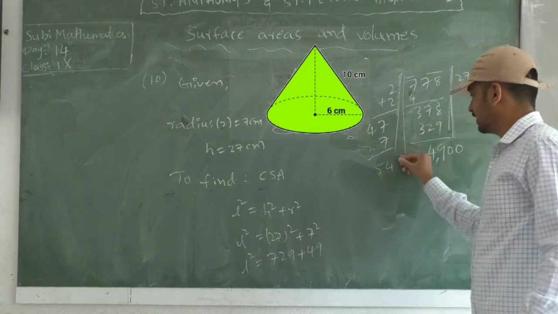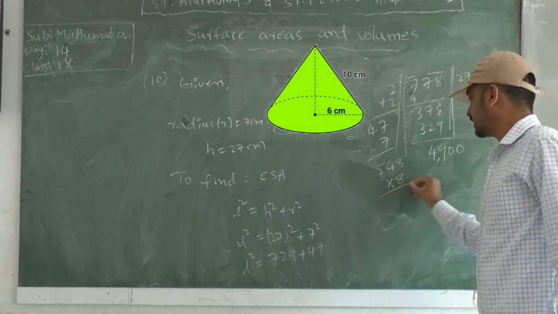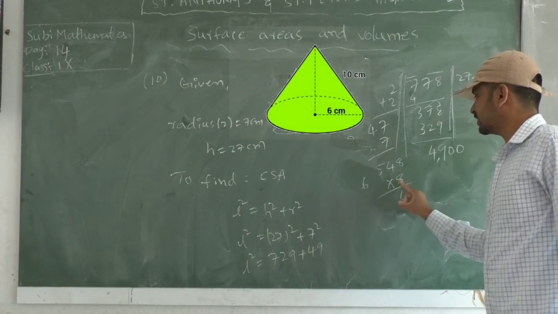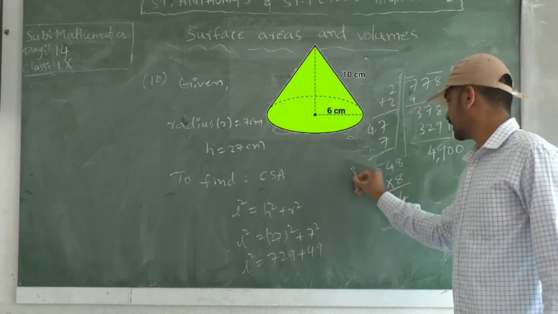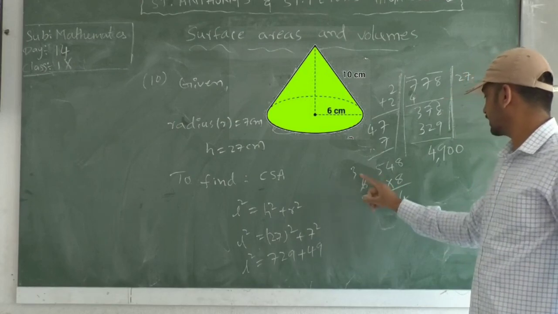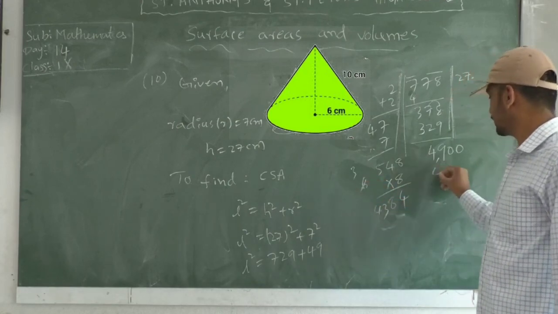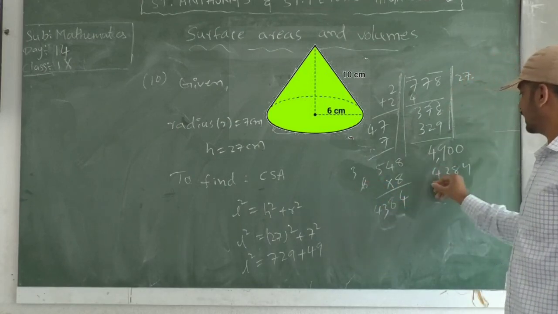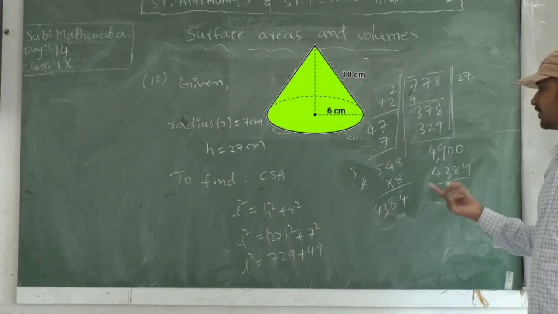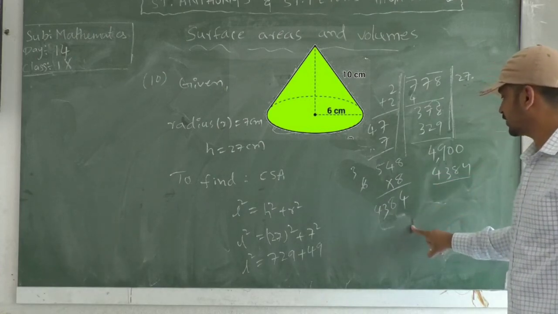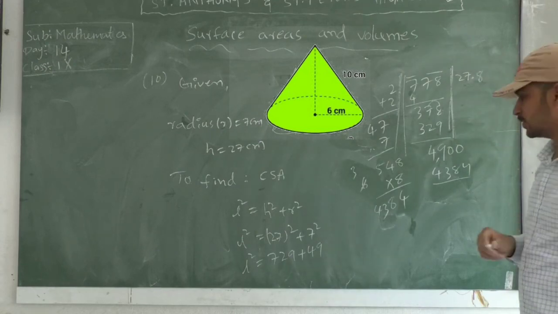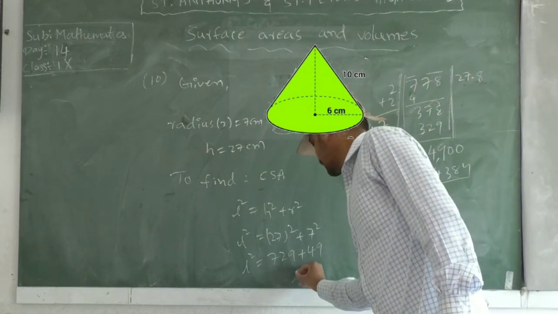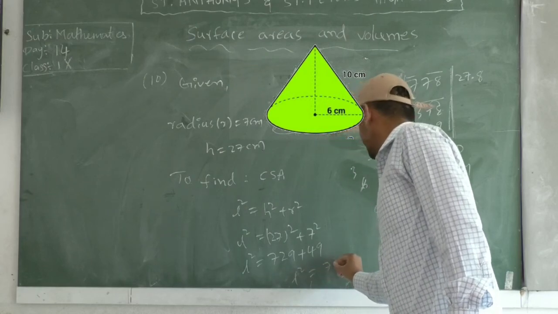Try 8: 8 into 64, 6, 32, 38, 43. 4 3 8 4 is very near. If you take 8 once more, we get more. So that is 27.8. So L square equals 778.